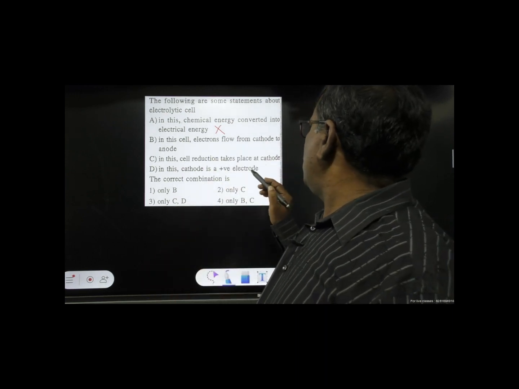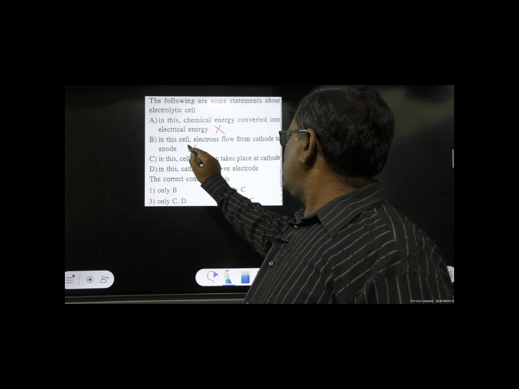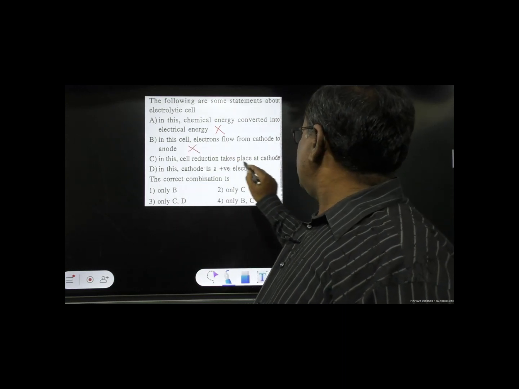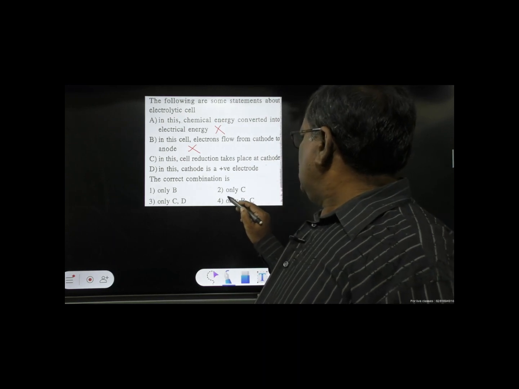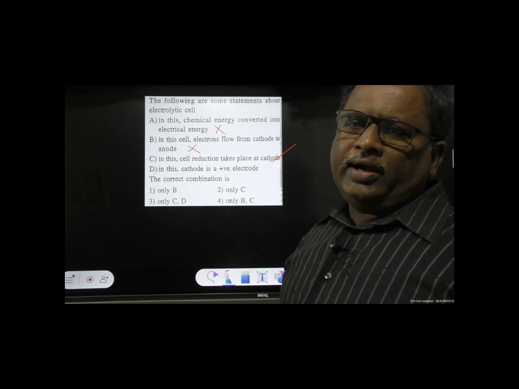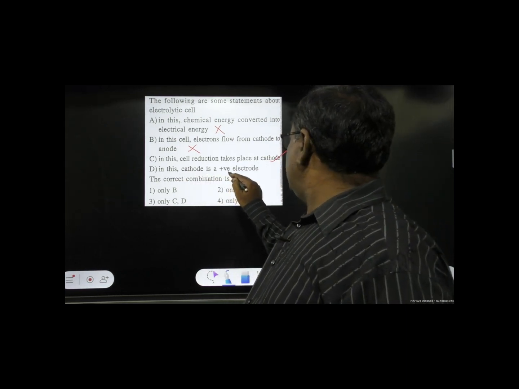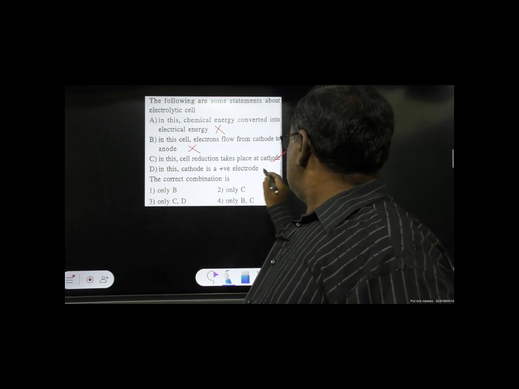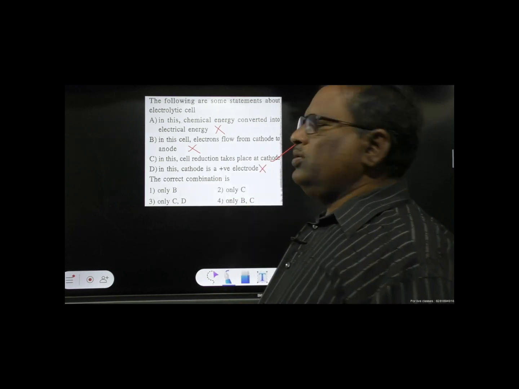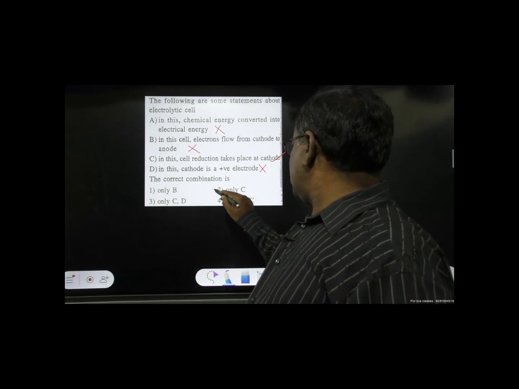So electrons flow from anode to cathode, not cathode to anode. This is also wrong. In this cell, reduction takes place at the cathode. Yes, in any cell, reduction takes place at the cathode and oxidation takes place at the anode. In this, the cathode is the positive electrode. No, the cathode is the negative electrode. So out of these, only option C is correct.